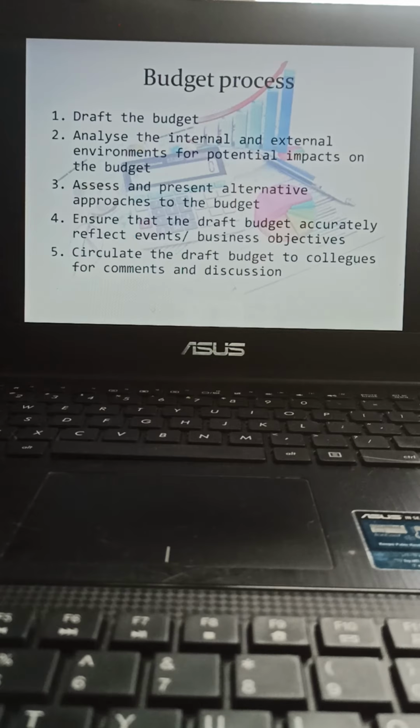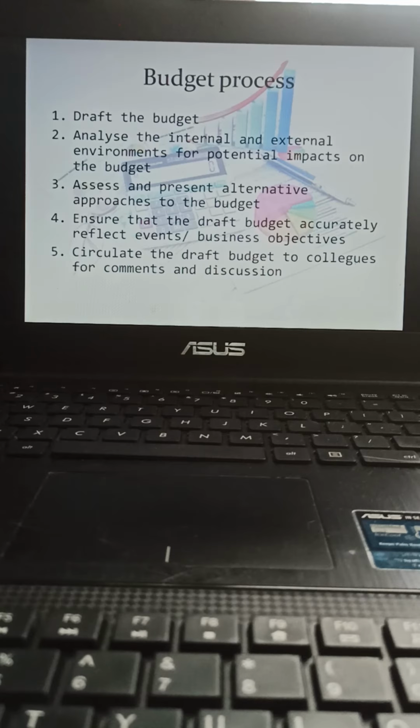Ensure that the draft budget accurately reflects event and business objectives. Your money going in or going out reflects the goal of the event, right? Circulate the draft budget to colleagues for comments and discussion. So meaning you just let everybody know.